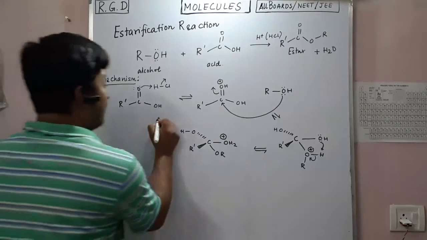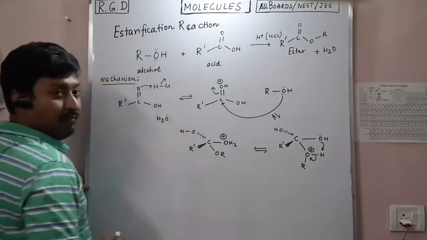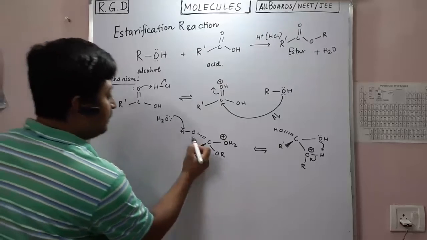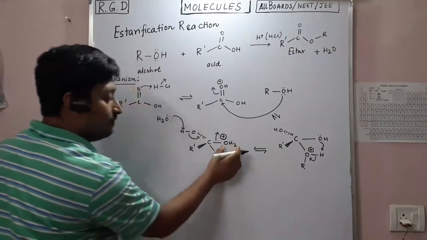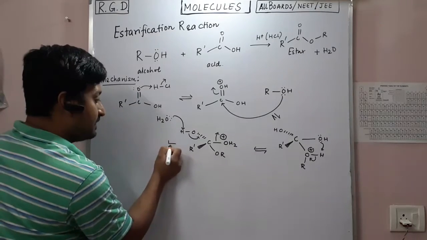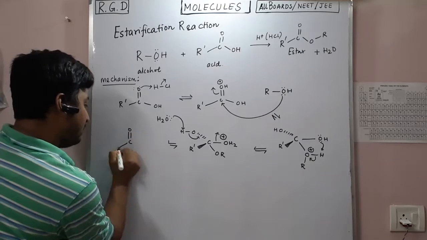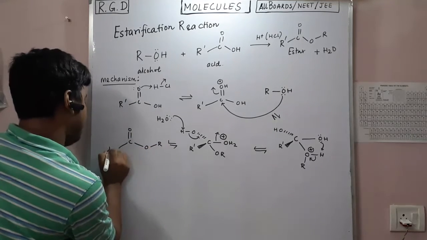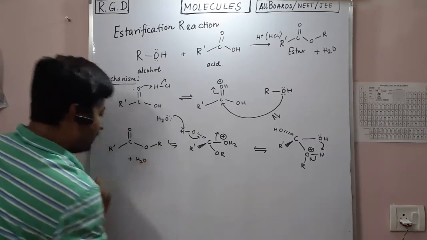Now, next, you have water in the medium. This will act as a base and take the proton back, and the water attached here is now a good leaving group. The result is C double bonded O, OR, R prime, plus water.